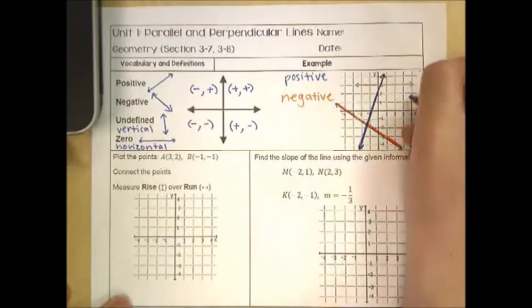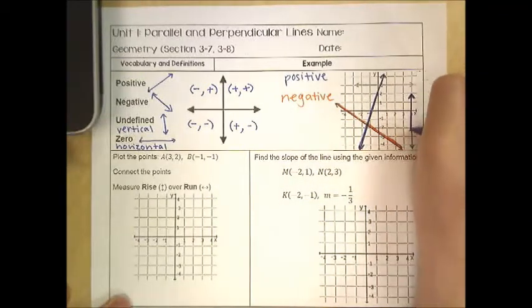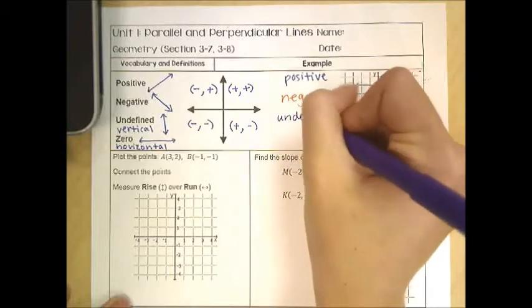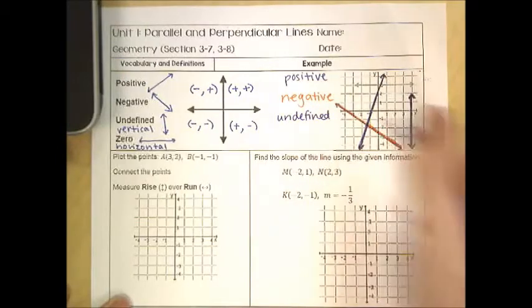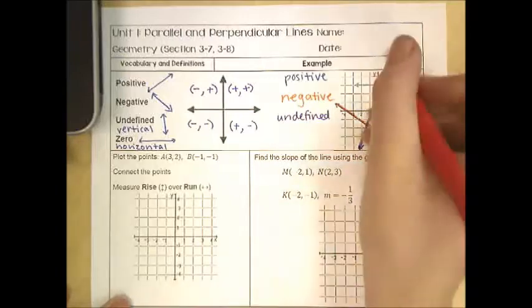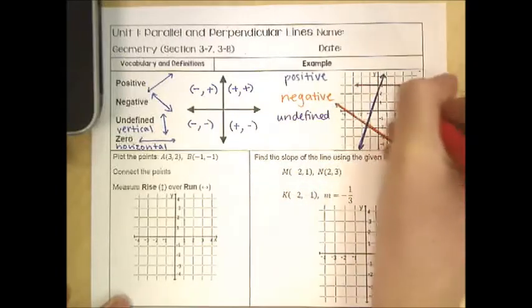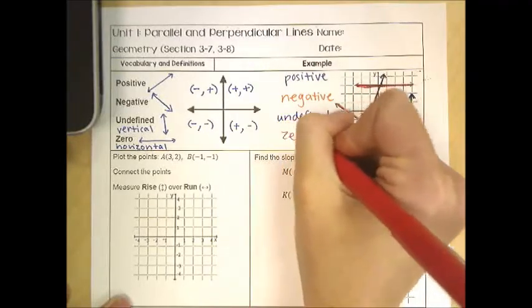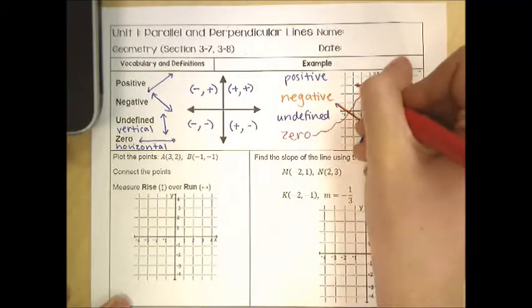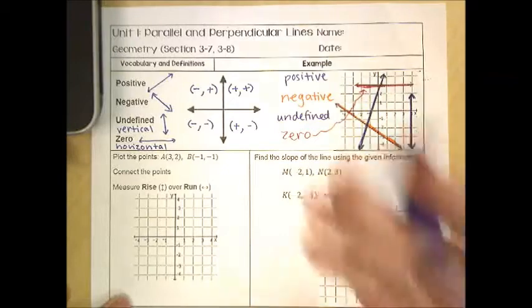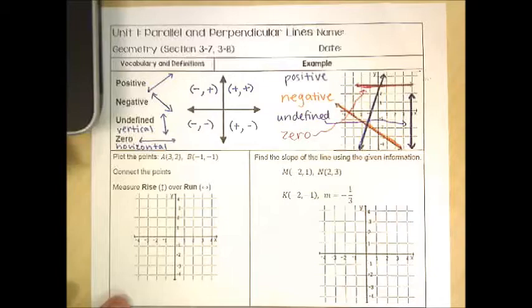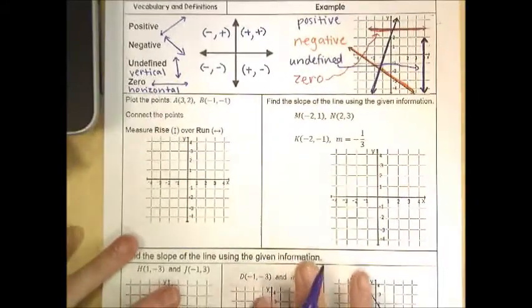Then we have our undefined slope over here that I'm coloring purple. So our undefined slope again is vertical. And then last but not least, our horizontal line has our 0 slope that I'm writing here in red. So you can draw little arrows to them if that will help you find which of the lines has which slope.